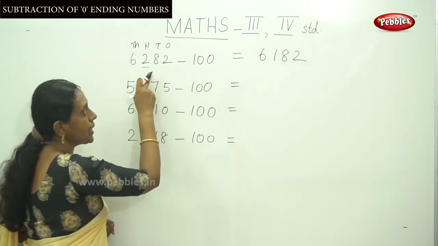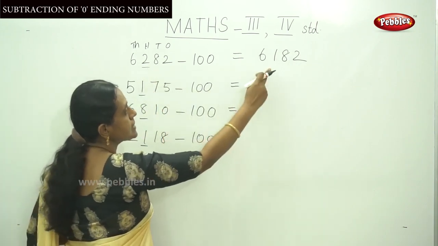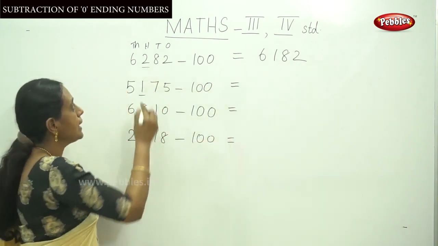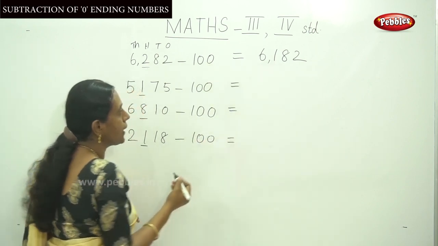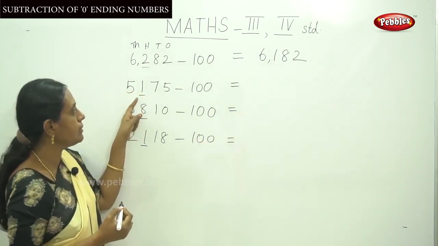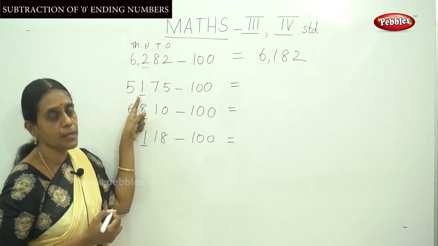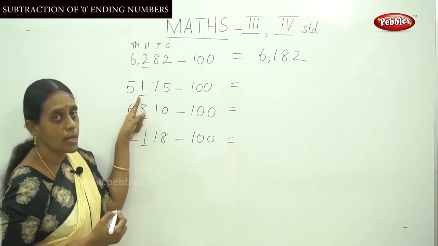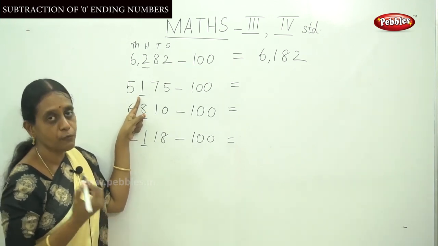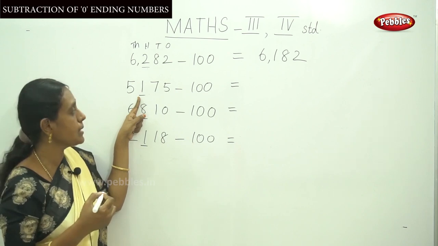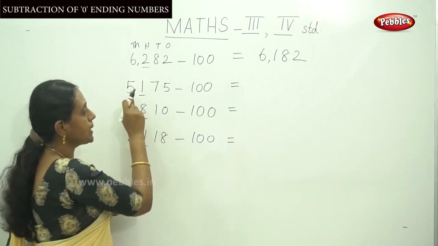The answer to 6282 minus 100 is 6182. Okay, and similarly here, focus on the hundreds place number, that is 1. You write the before number, the predecessor, that is 0.